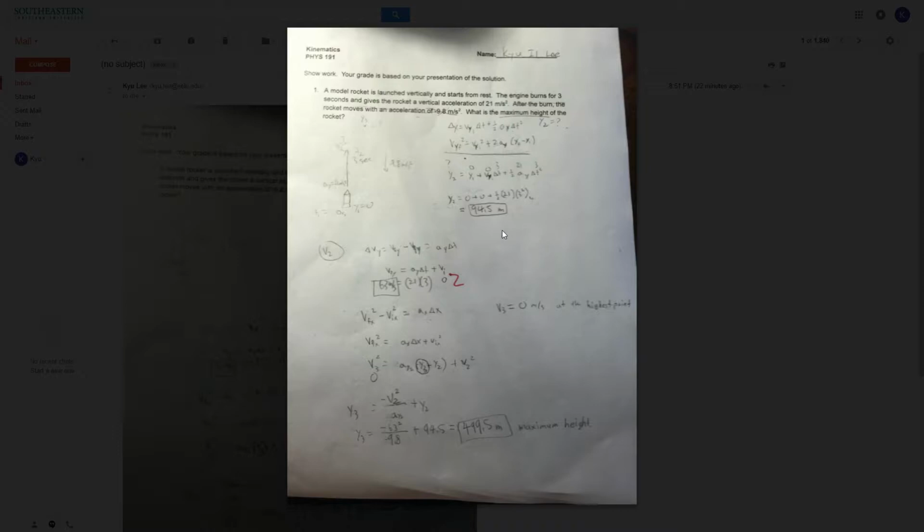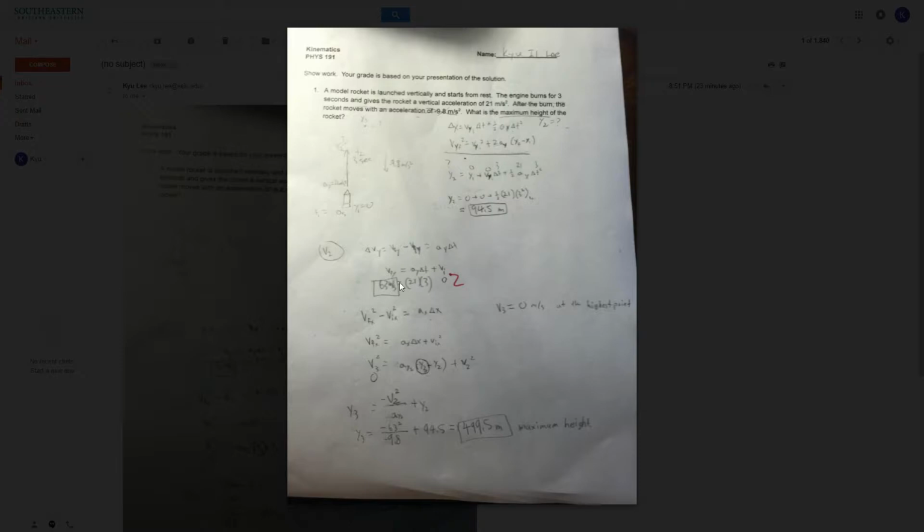So to find the maximum height, first I have to find the velocity at Y2. I call it V2. I use this formula, which is delta Vy equals acceleration of y times delta t.